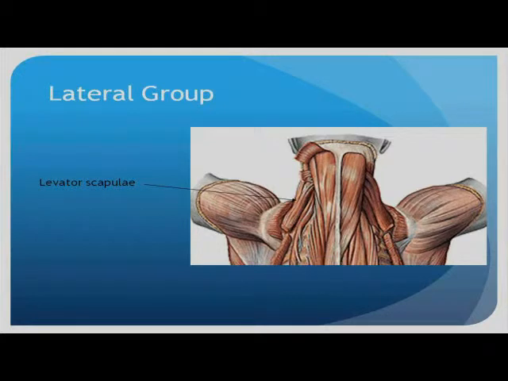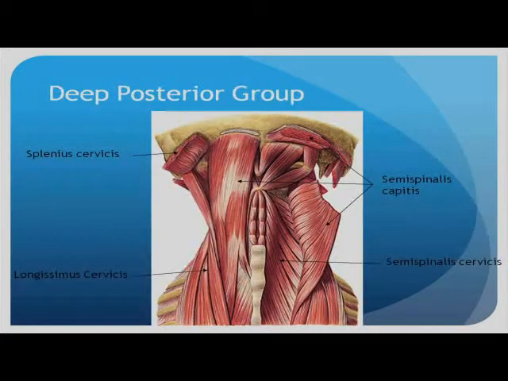Levator scapulae, again, is another very important integrating type muscle because it's a connection directly from the upper extremity back to the cervical spine via its attachment at the scapula.